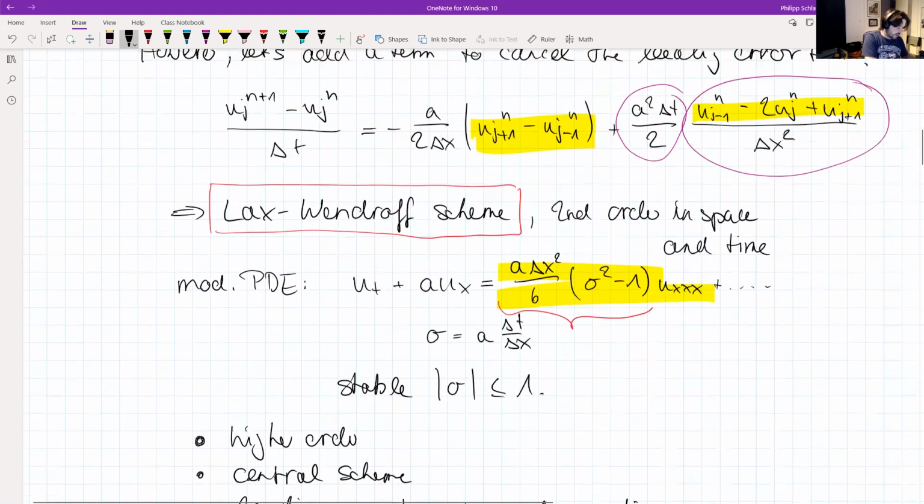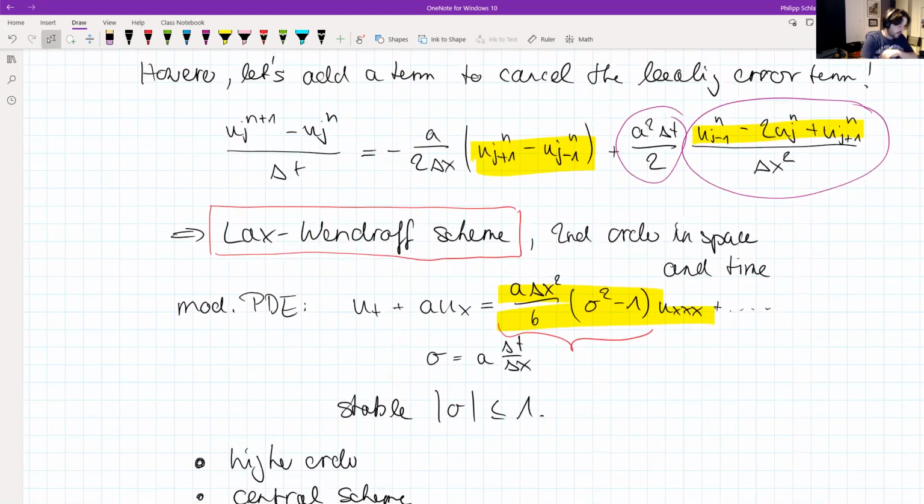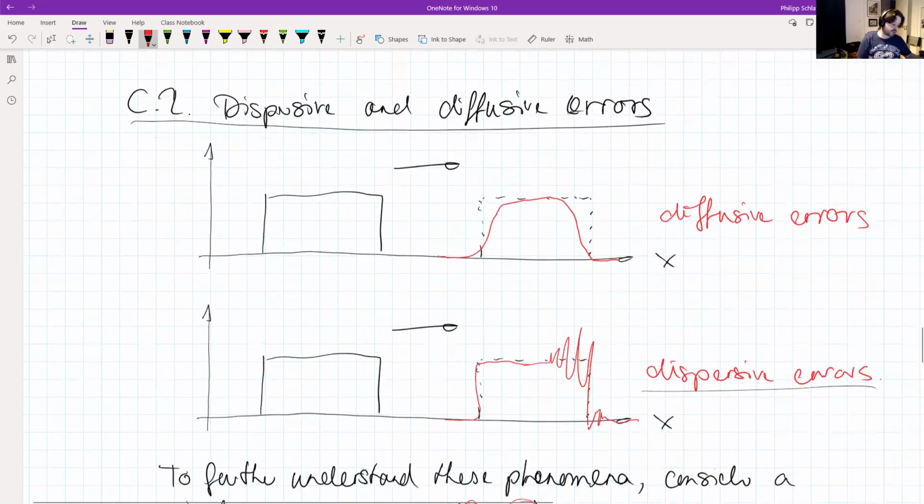This factor, which I can now call alpha, is dependent on numerical parameters. You see here that there's a sigma inside. So by choosing my delta t and my delta x, I can adjust what this alpha is. I can see whether I get a large or a low factor, depending on my CFL number.